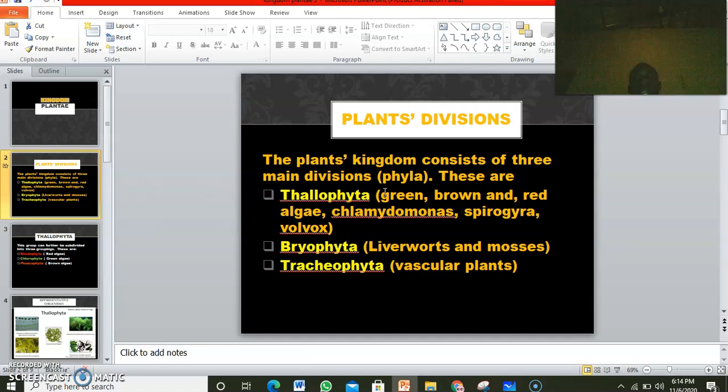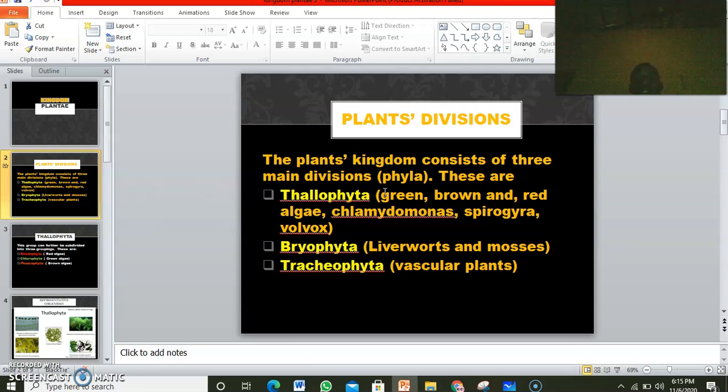Now, the first division is the Thallophyta, then we have the Bryophyta, and then the Tracheophyta. The Thallophyta are usually green in color, brown and red. Most of them are algae, Chlamydomonas and the Aspergillus, single cell, and also plants that are made up of two cells, like Spirogyra.